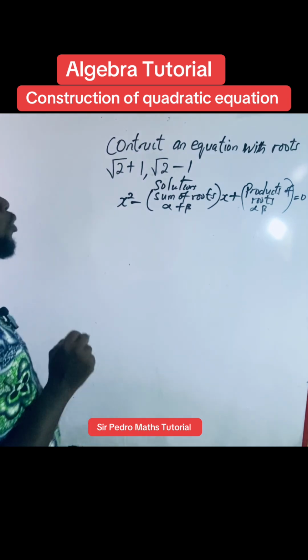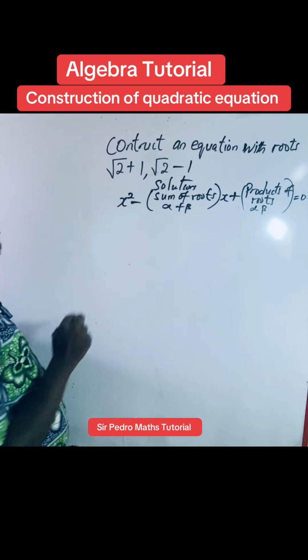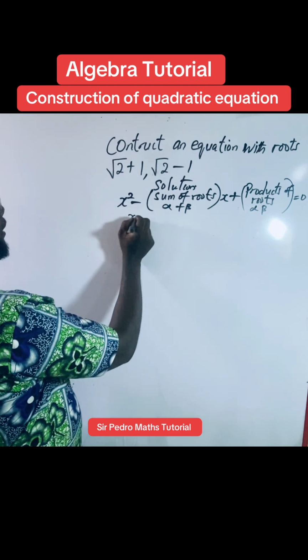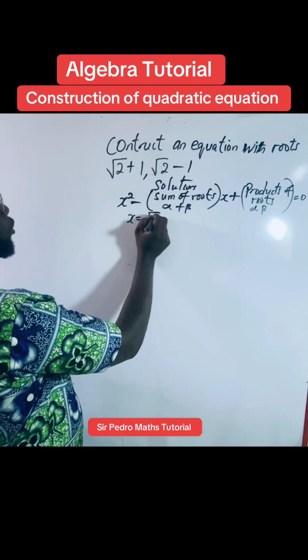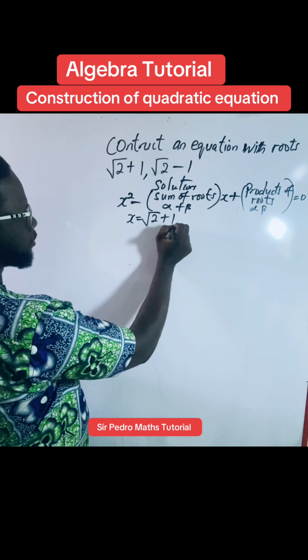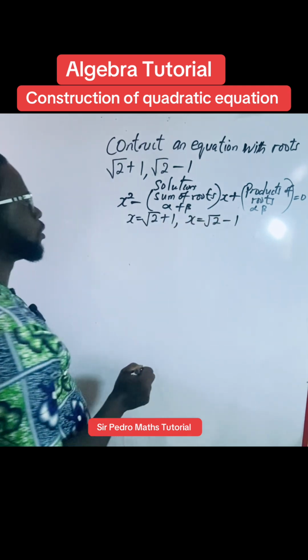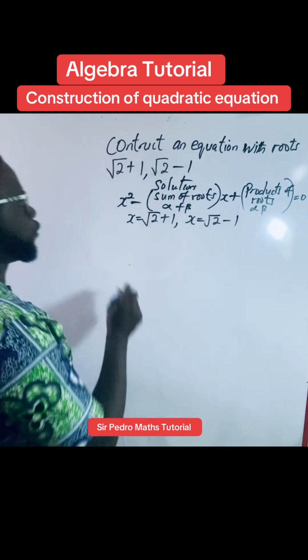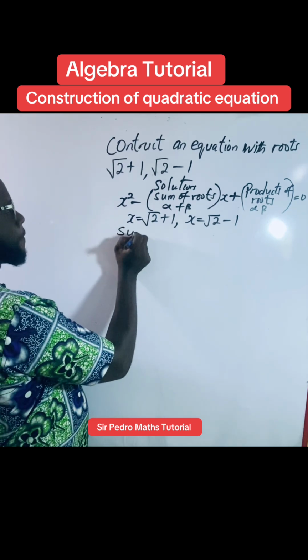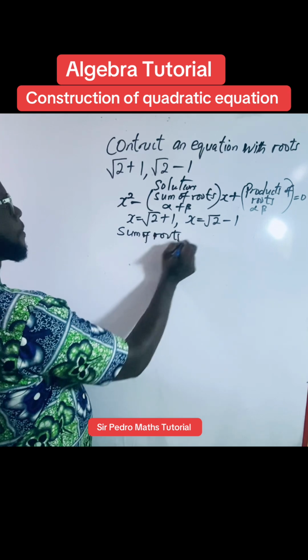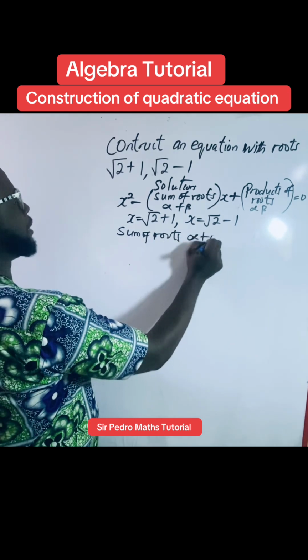So with this in mind, we're given that x is equal to root 2 plus 1, and x equal to root 2 minus 1. These are the roots. What you do first of all is the sum of roots, which is alpha plus beta.